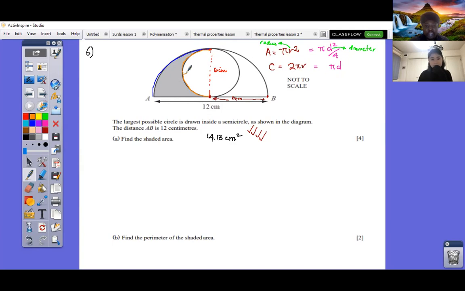Therefore, this length here is pi times the diameter, which is 6, divided by 2. It's going to be pi d over 2. Diameter is 6 centimeters, divided by 2 is 3. So that length here will be equal to 3 pi. Did you get that?